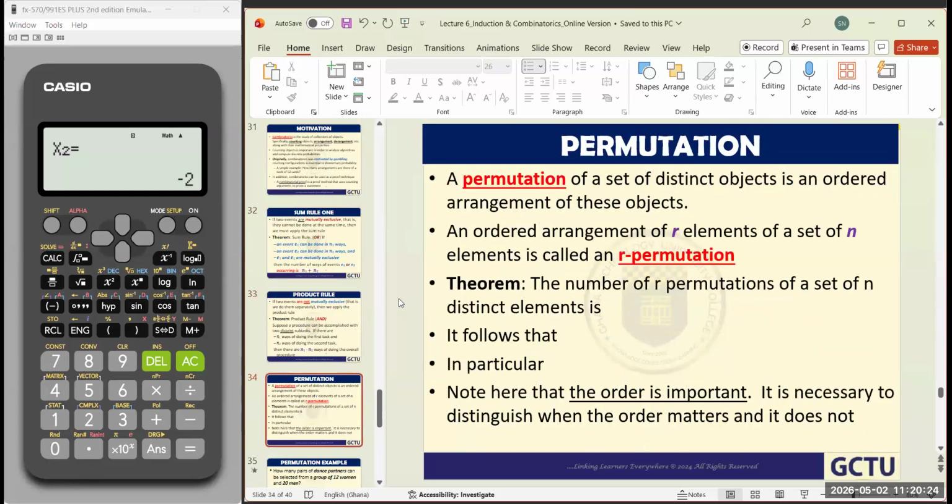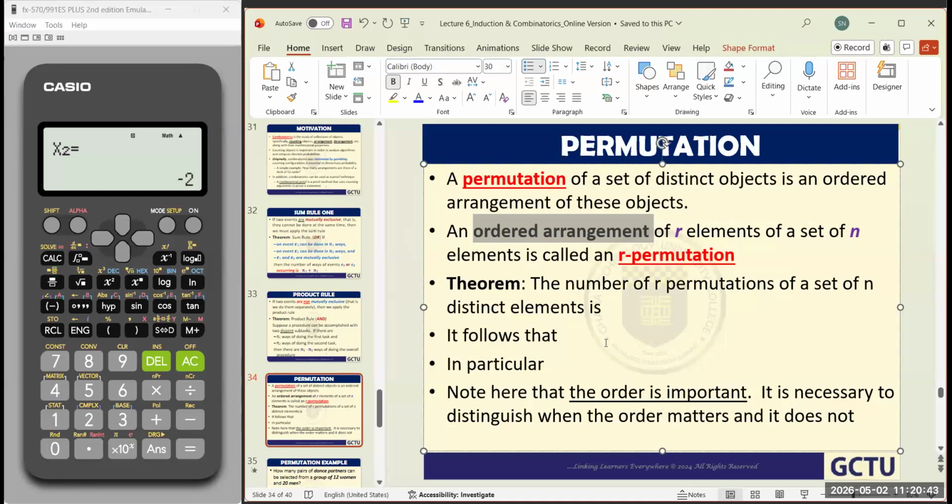Now, when do we use permutation? I don't ask questions on permutation, but basically permutation says that when you are arranging and the things you are arranging are in order, but they are distinct. So then you use permutation. Now on your calculator, permutation is normally on the multiplication sign.